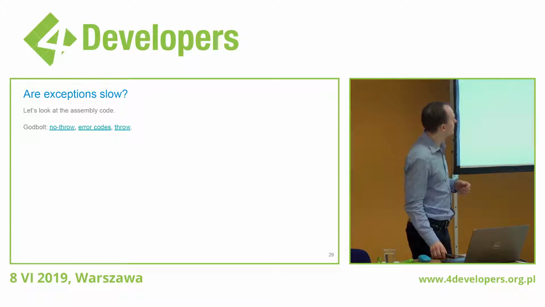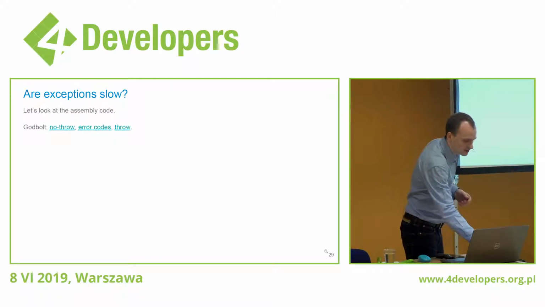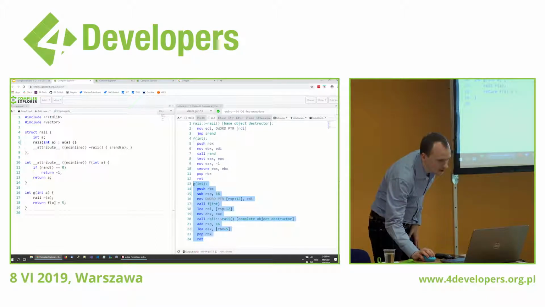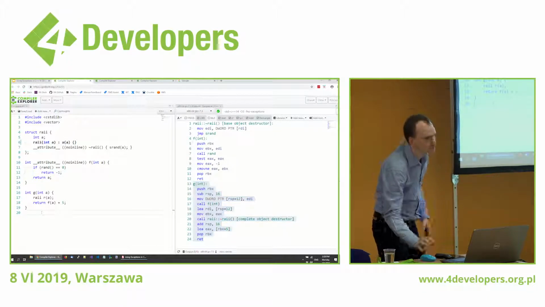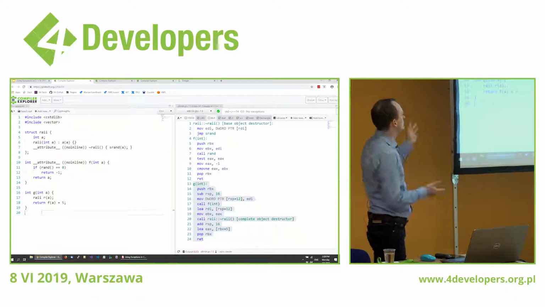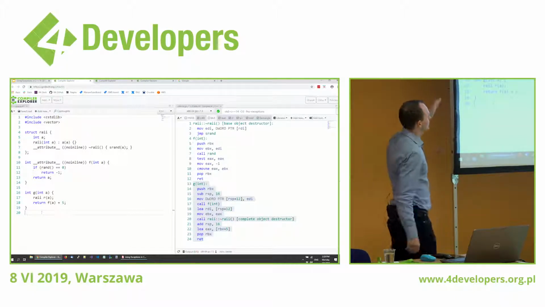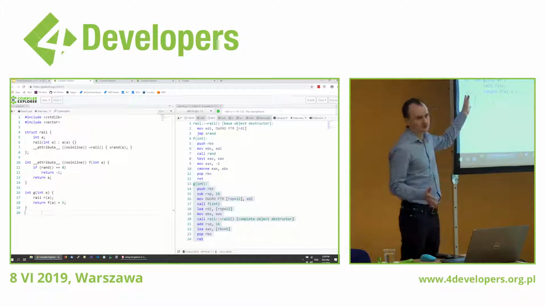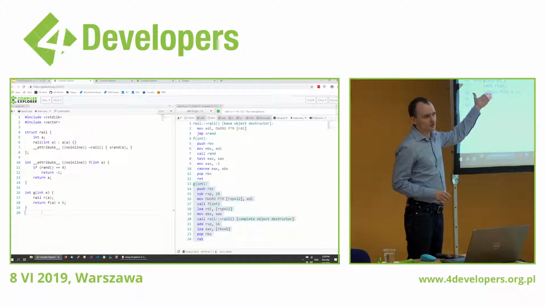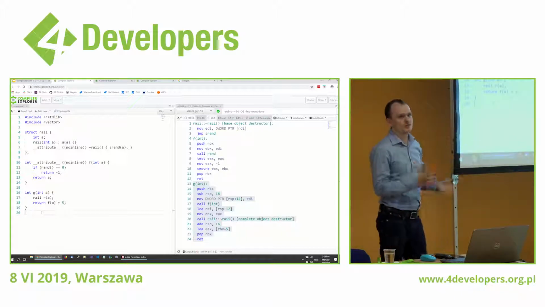Let's look a little bit at the assembly now. So here we have a very simple example code. We have a function f that returns some value, but sometimes it returns an error code, -1. Sometimes it fails.